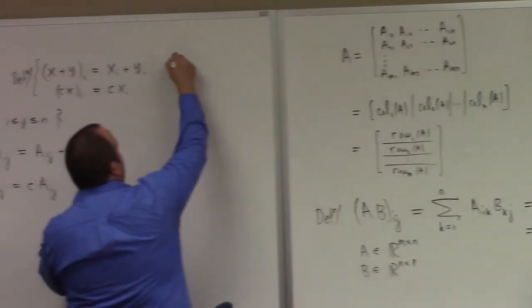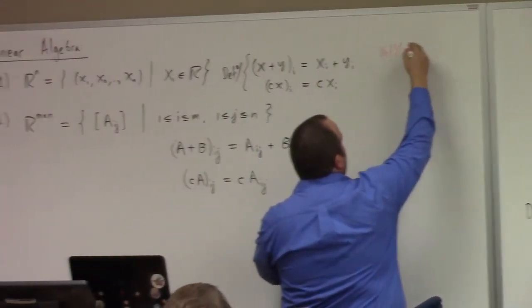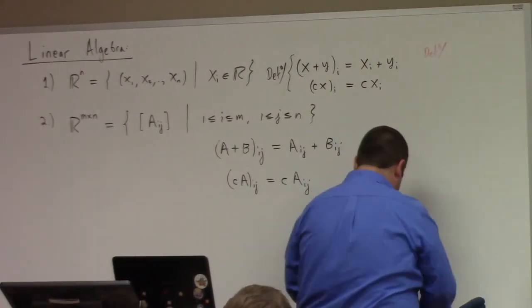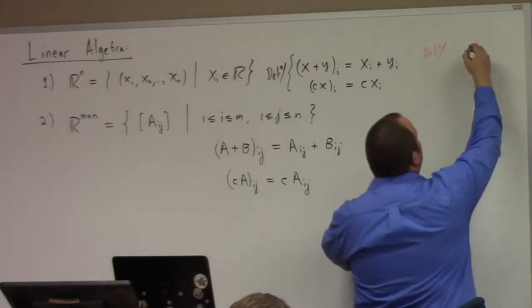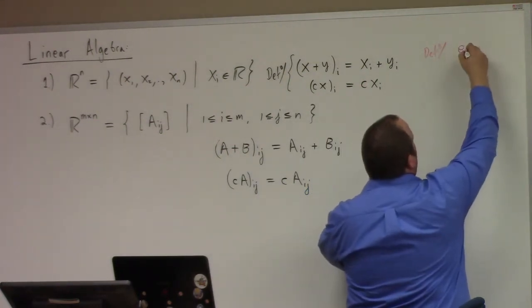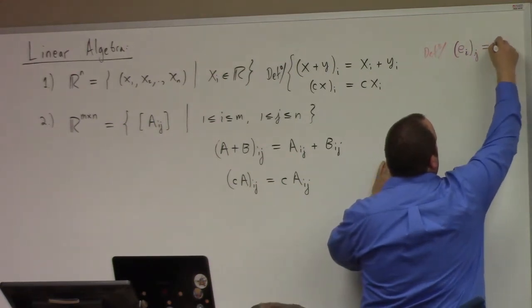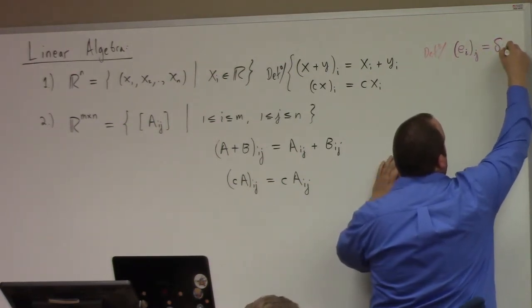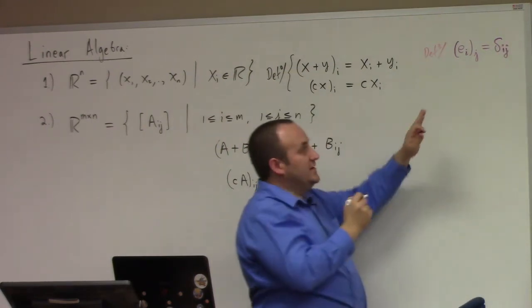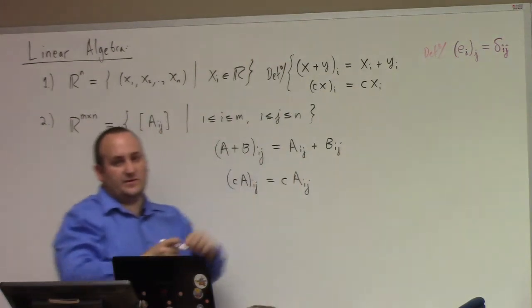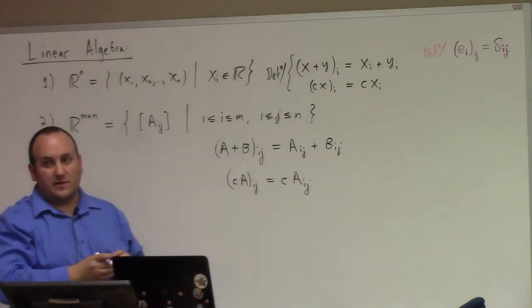Definition: E_ij is equal to Kronecker delta ij. Do you guys know what the Kronecker delta is? Let me tell you. This is 1 when i is equal to j, and it's 0 otherwise.